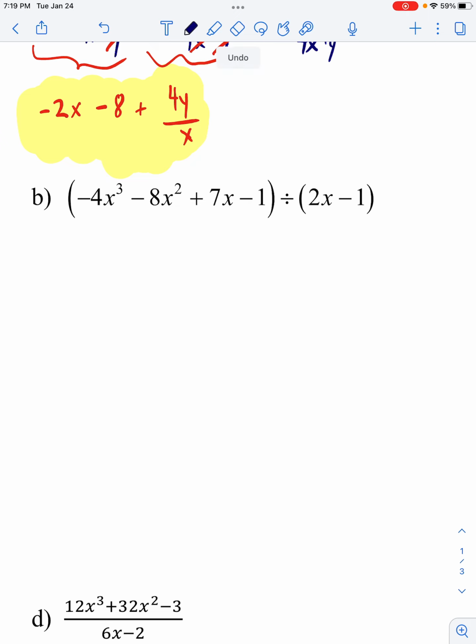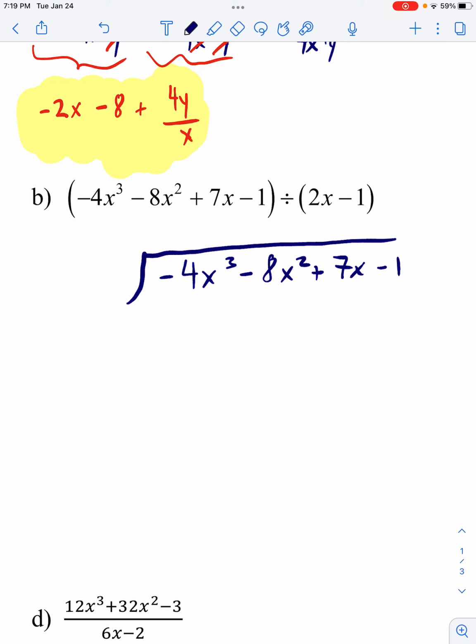Next problem: negative 4x cubed minus 8x squared plus 7x minus 1 divided by 2x minus 1. Same thing. We're going to start by looking at the leading degree term in my divisor, 2x. We go to the first term in the dividend.